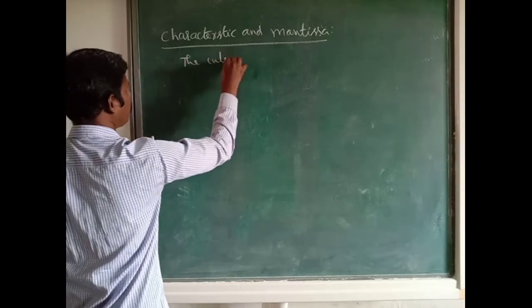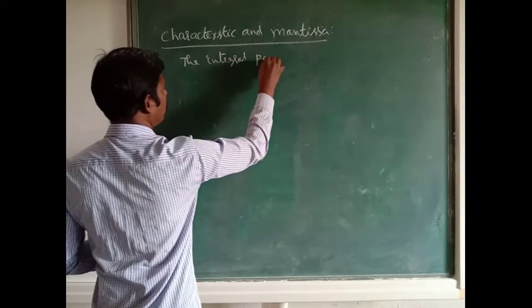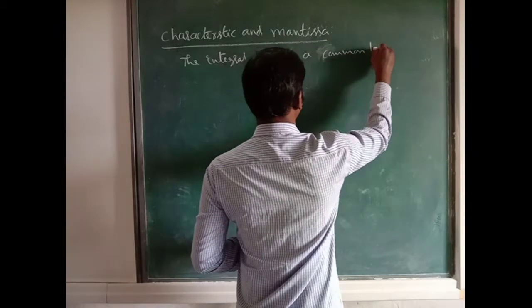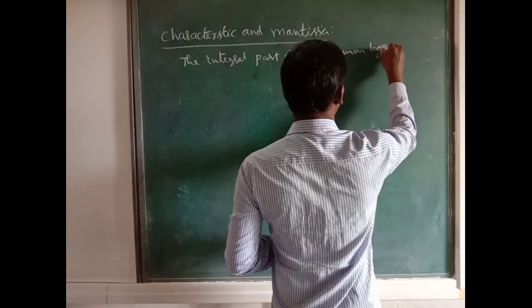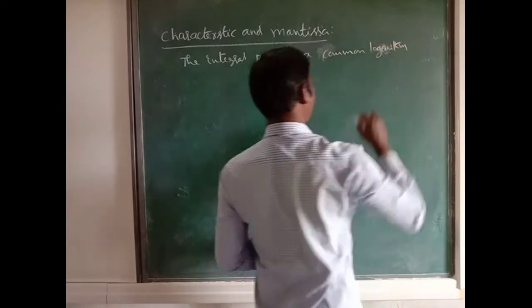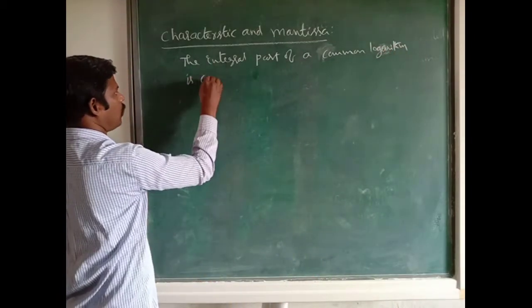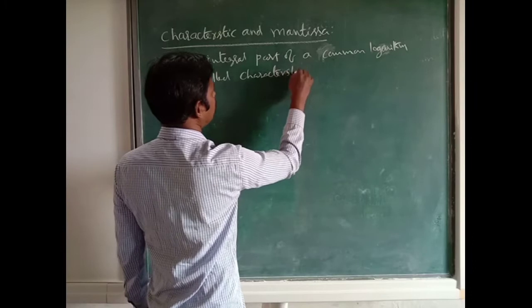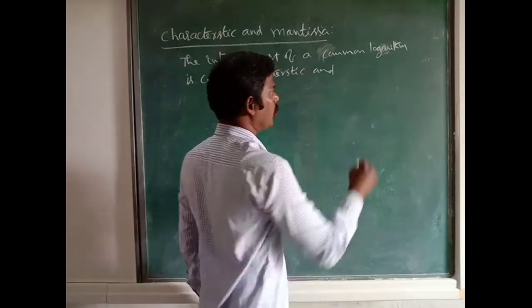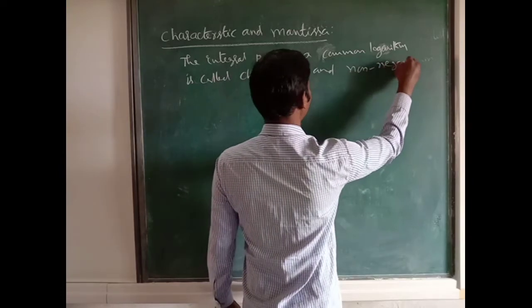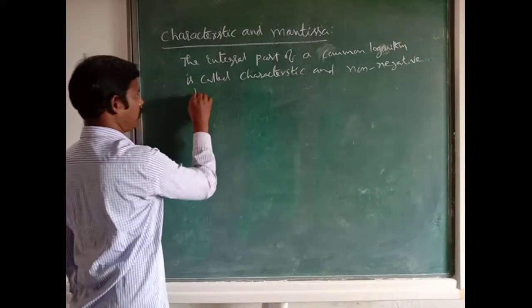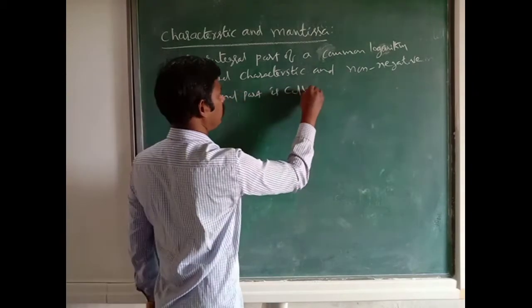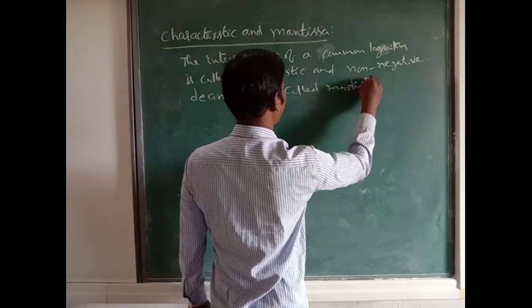The integral part of a common logarithm is called the characteristic, and the non-negative decimal part is called the mantissa.